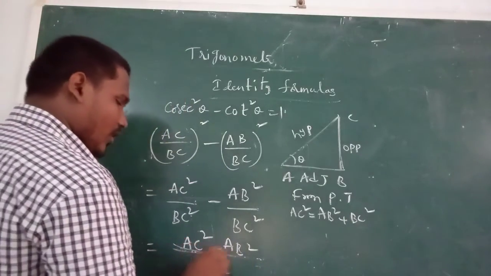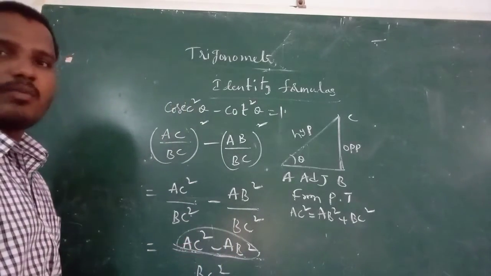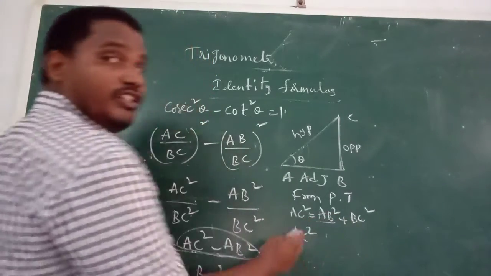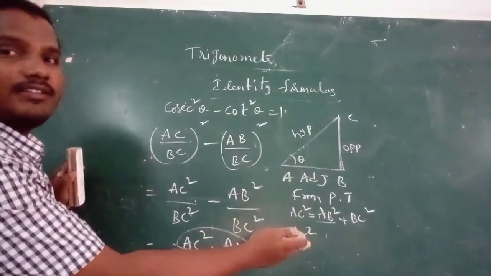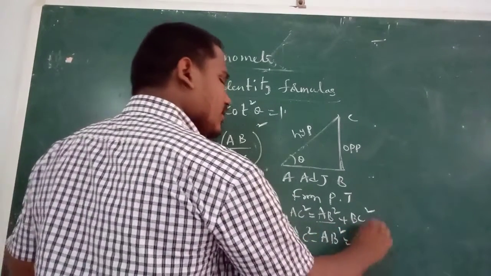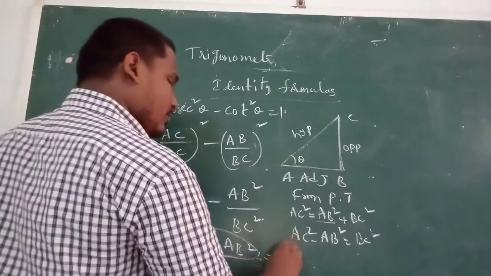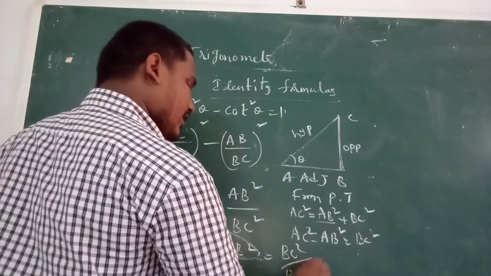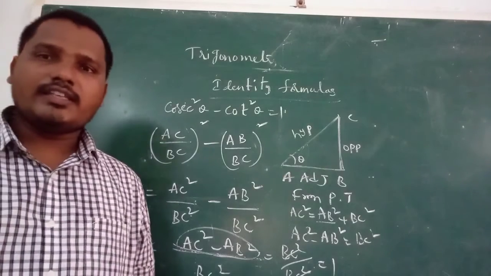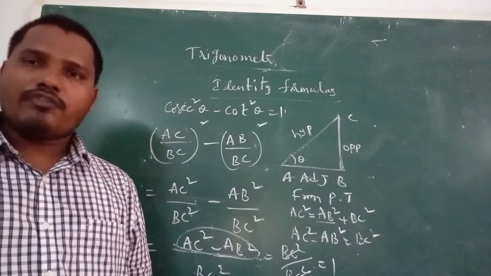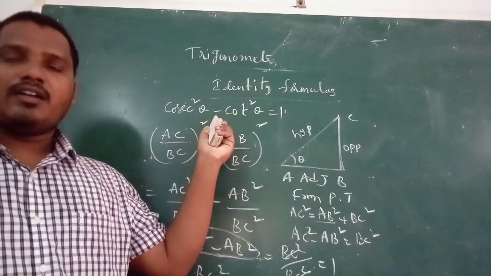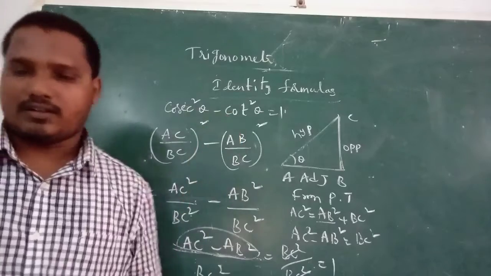Then we want the value of AC square minus AB square, so shift AB square from RHS to LHS. AC square minus AB square is equal to BC square. Here BC square by BC square gets cancelled, giving 1. This is the formula, the identity formula, the relation between cosecant and cot.